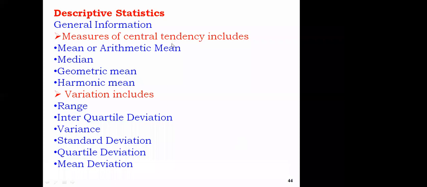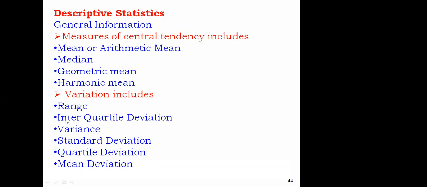So what are measures of central tendency? This includes mean, median, geometric mean, harmonic mean. Mode is also there, but mode cannot be computed directly in R, so I'm not considering mode here. So only mean, median, geometric mean, harmonic mean.